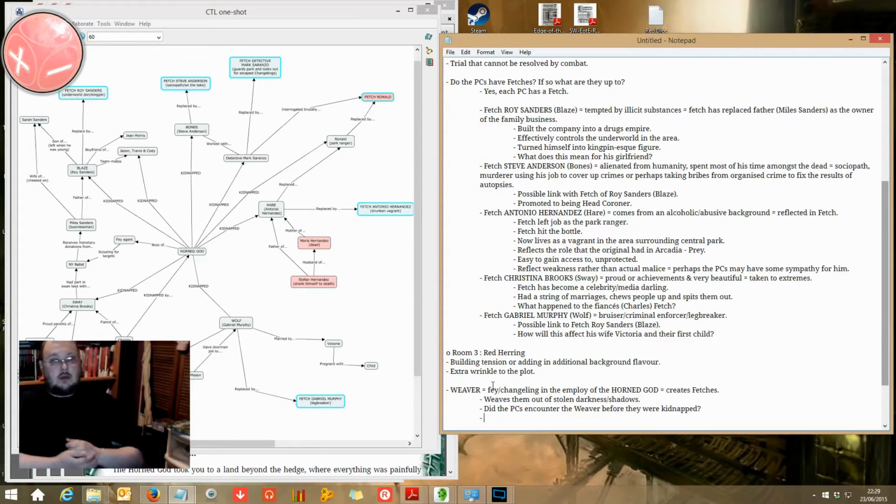Now, as I'm describing this Fae as a Weaver, it seems appropriate that I'm thinking of images of an arachnid, a spider-like creature, which are very prevalent in RPGs. You're going to think of Driders and stuff like that.